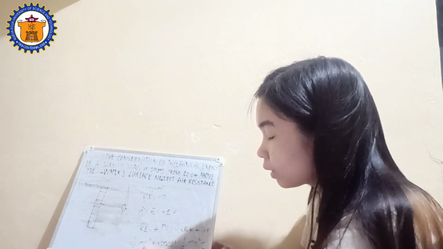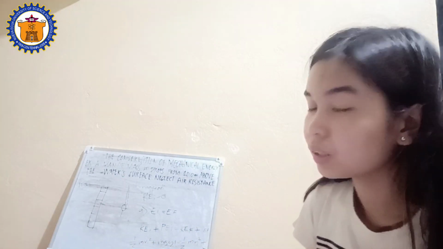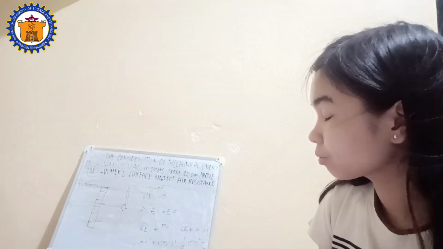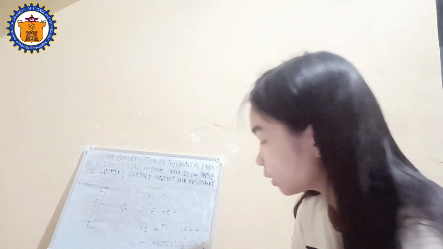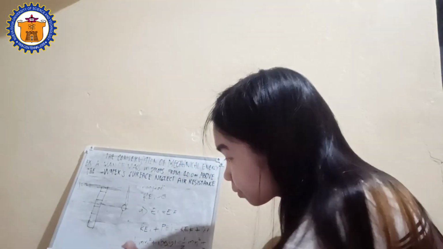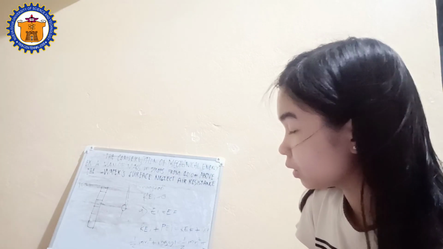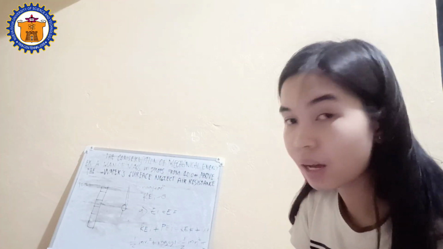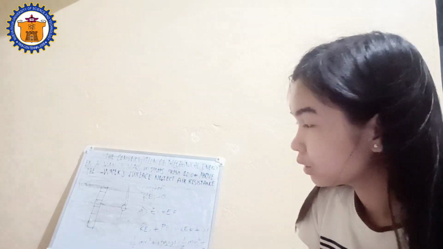So, para matira nga yung velocity, times lang natin both sides sa 2 at i-factor natin si g.